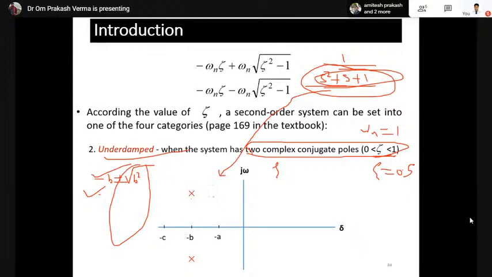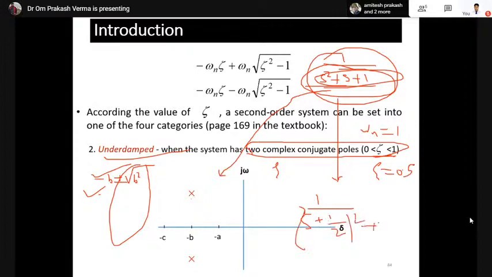So why am I saying underdamped? Take the Laplace inverse of this case. When you solve it using partial fractions and do some manipulation in this equation, it becomes something like 1 by 2 of s plus 1 by 2, plus 1.